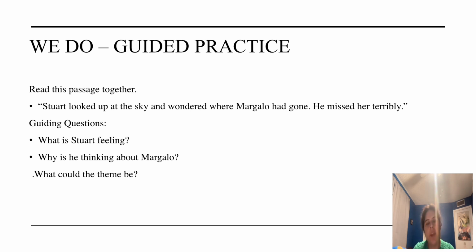I'm going to ask all of you, what could be the theme here? Anyone? Okay, the theme could be about how friendship is powerful, or about not giving up on people you care about. Stuart looked at the sky and wondered where Margalo had gone.